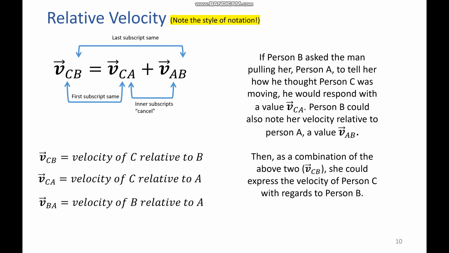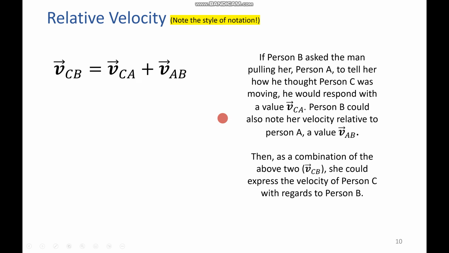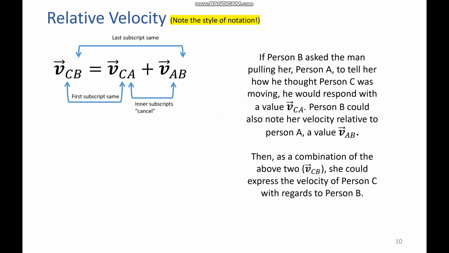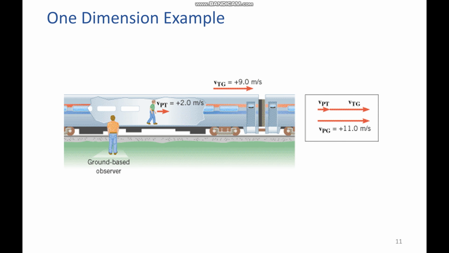If person B wants to know the velocity of person C in regards to her, she could ask the man pulling her, person A, to tell her how he thought person C was moving, and he would respond with a value V_CA. So from his point of view, looking at him, correct? And then she could also note her velocity relative to person A and get this value V_AB. And then as a combination of the above two, she could express the velocity of person C with regards to herself, person B, right here.